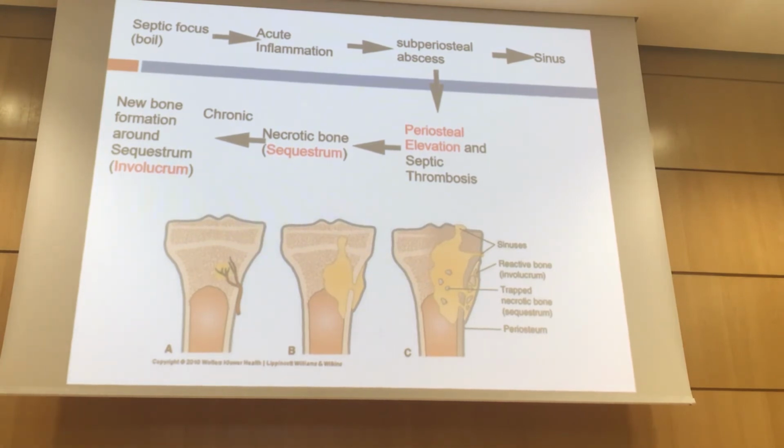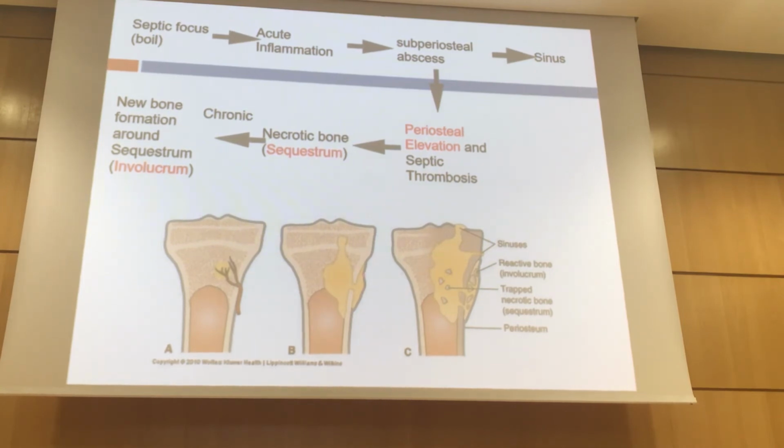So with these two conditions particularly, the patient will have an insidious onset, will be ignored for some time, and will present as chronic osteomyelitis. But now we are talking about the acute. When the staph comes, everyone will disappear. Very strong organisms cause acute osteomyelitis. It will cause acute inflammation, and this will lead to a subperiosteal abscess, a sinus, and elevation of the periosteum here.